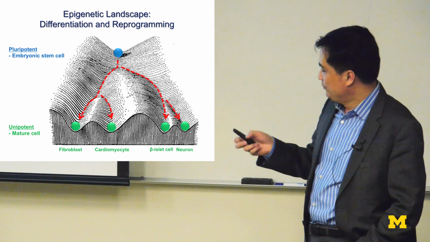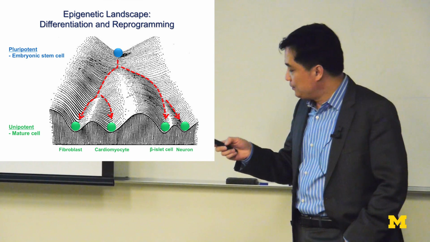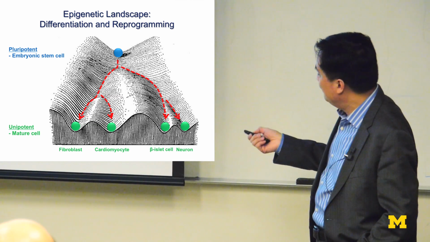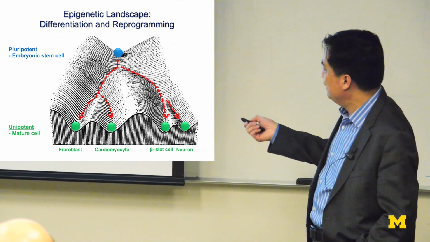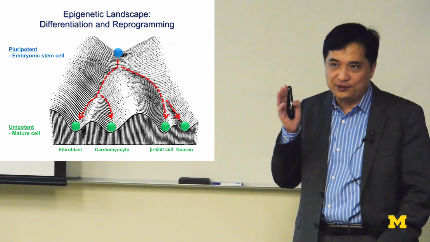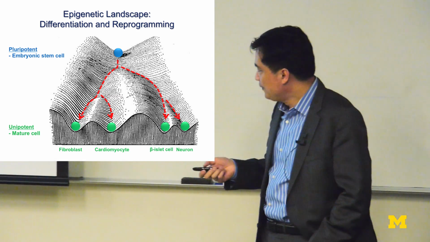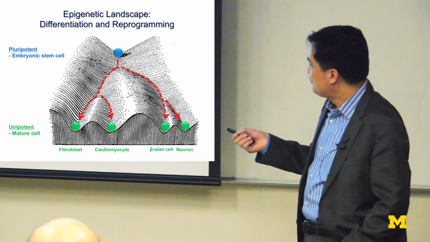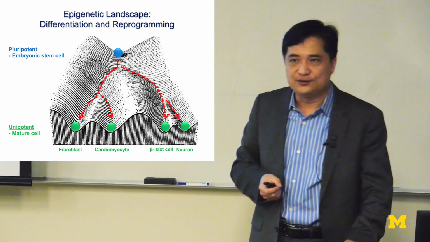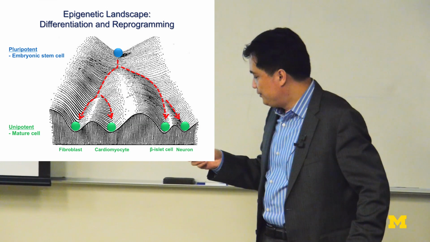We don't know whether biophysical factors could also help move the cells on this landscape or change the epigenetic state so that the reprogramming process or cell phenotype change could be easier. So we asked how biomaterials or mechanical factors could regulate this process.